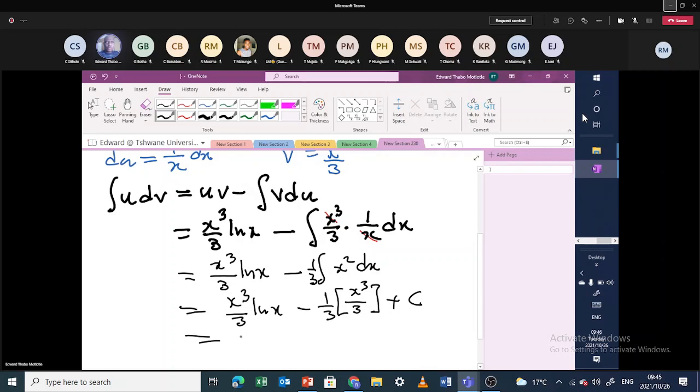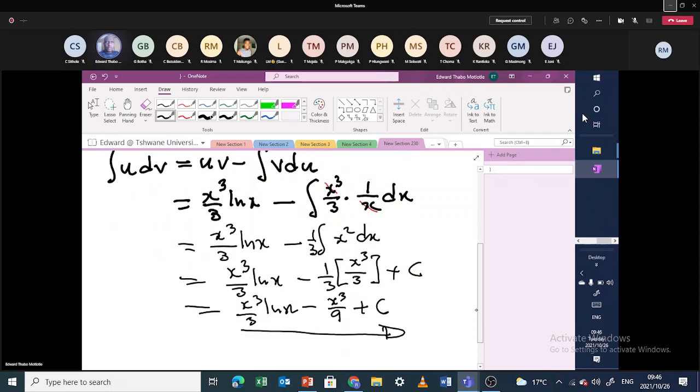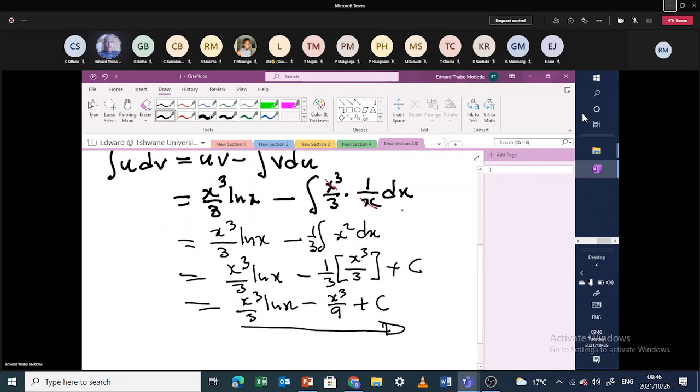Okay, let me just write it simply, to avoid this complication. x to the power 3 over 3 ln x minus x to the power 3 over 9 plus c. So this is our simplified solution. Okay, so this is problem number 2.